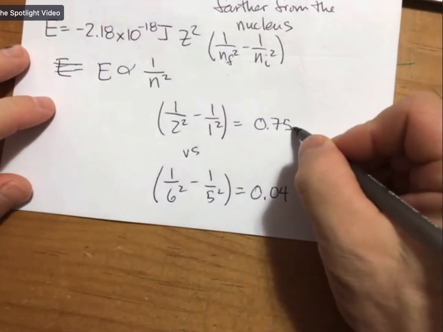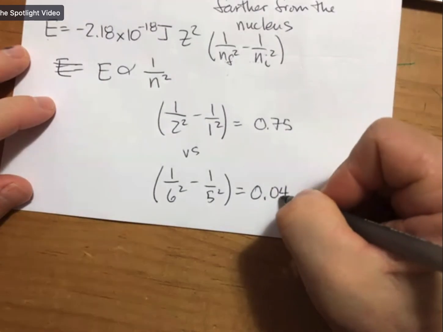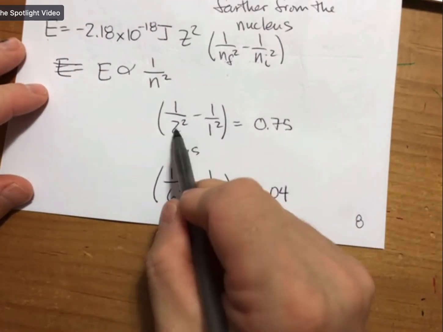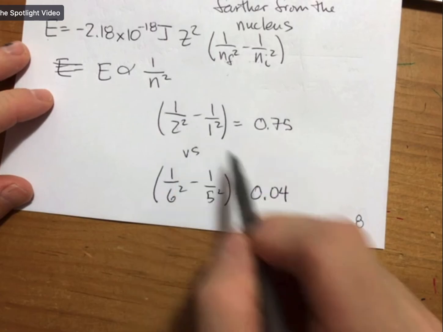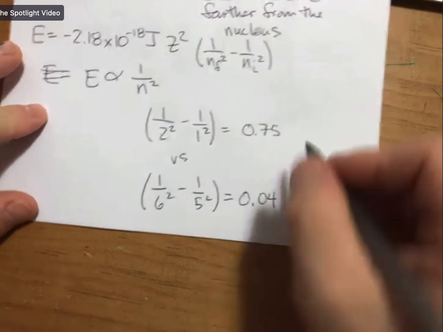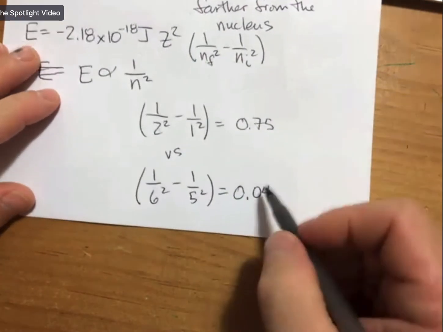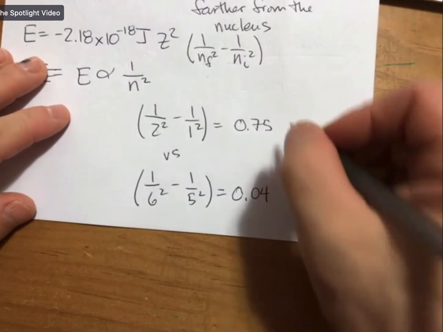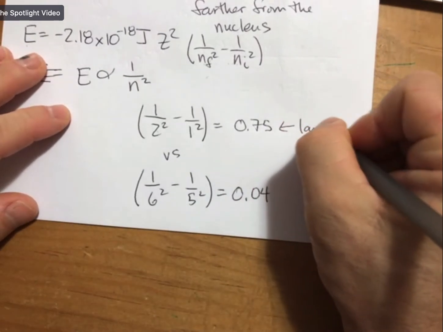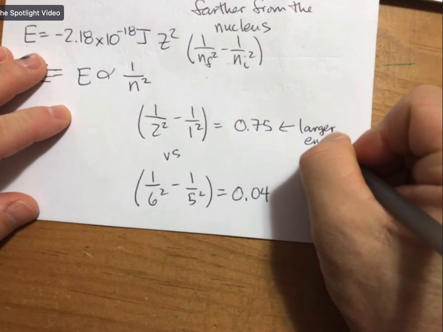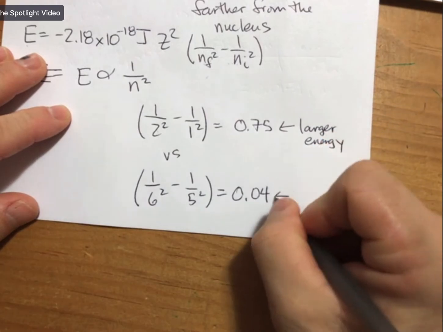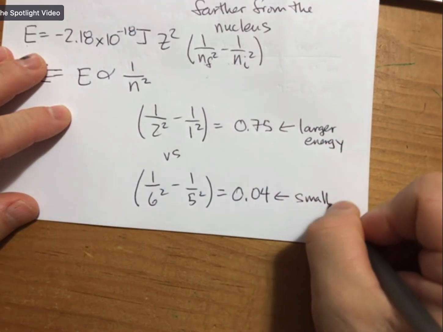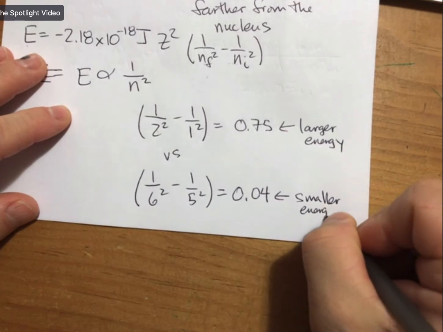So these two terms are the difference in the 1 over n values squared, and they are proportional to energy. So if this is a larger number, it will be a larger energy, and this will be a smaller energy. So Daryl, you were right on.